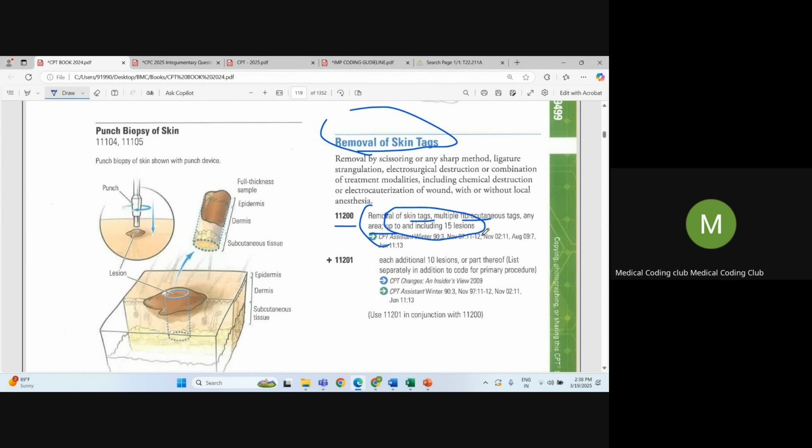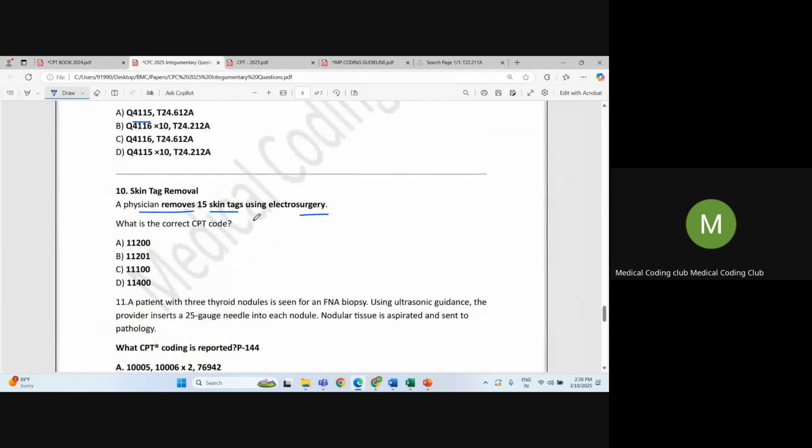So up to 15, you can utilize 11200 as the primary code. If you get additional, you can use the additional code. So in this question, the correct answer is 11200.